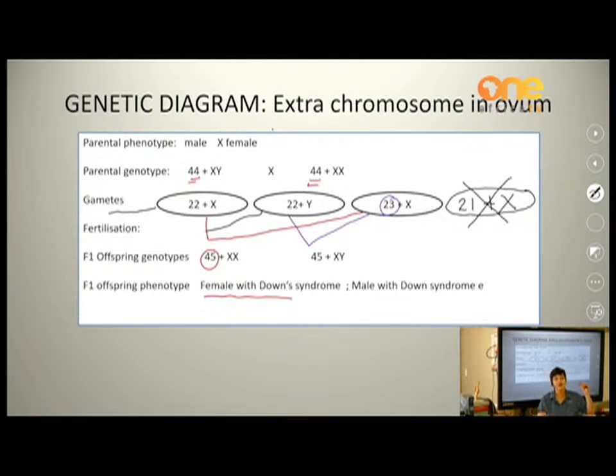And then there are 21. So at chromosome 21, there we see if there is an extra chromosome in the ovum. And that is more often the case, that there are more chromosomes in the ovum than in the sperm. The age of the mother can cause the chance to have Down syndrome to increase.